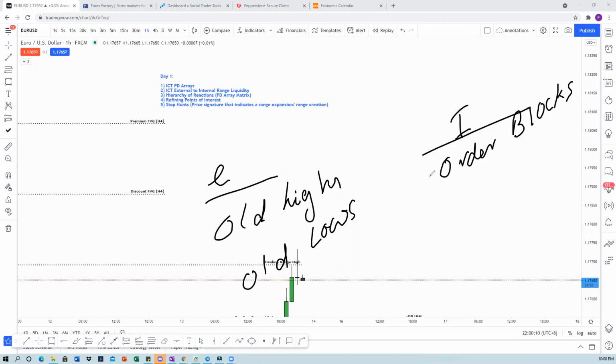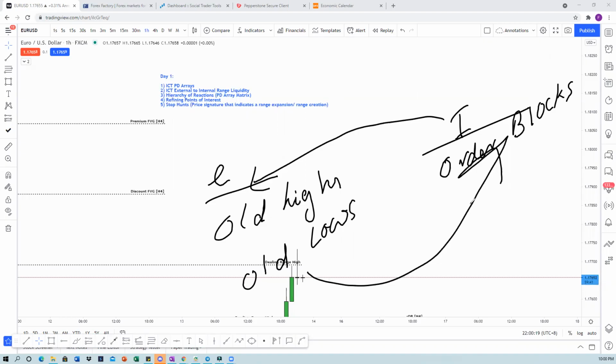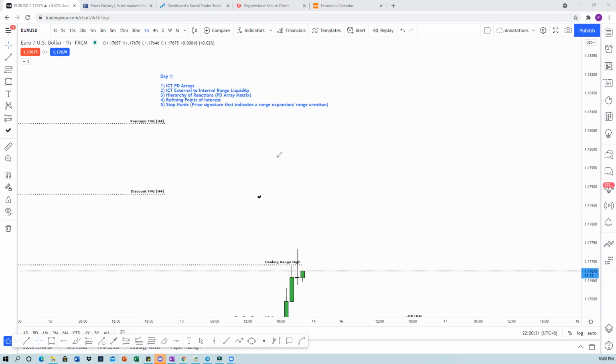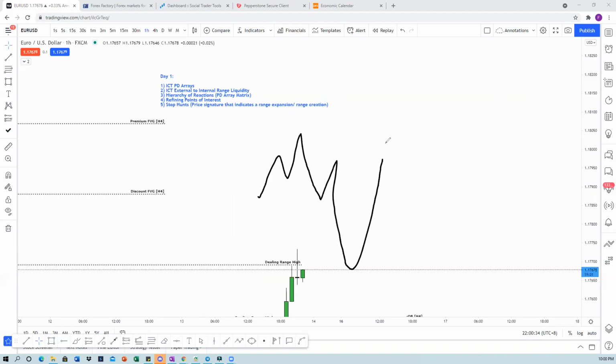What does this mean? When price takes out external range liquidity, it's going to seek internal range again, and the cycle goes on. It's as simple as that, but the context should be there. It doesn't mean that every time a high is taken, it should go back down. It has to be taken with context. That's pretty much it.